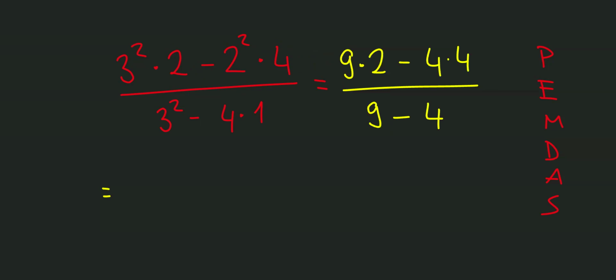So let's take care of the multiplications. 9 times 2, 18. 4 times 4, 16. So 18 minus 16 divided by, in the denominator, we have 9 minus 4, which is 5. So 18 minus 16, 2 over 5. So 2 over 5 is the answer for the expression.